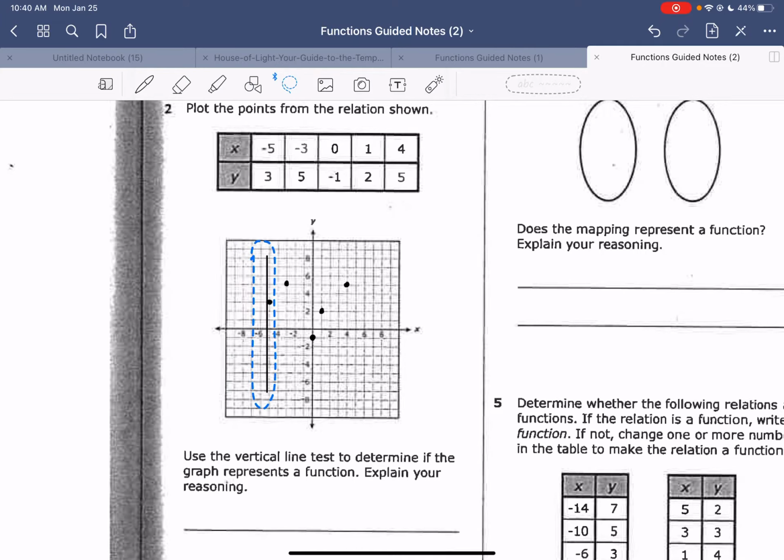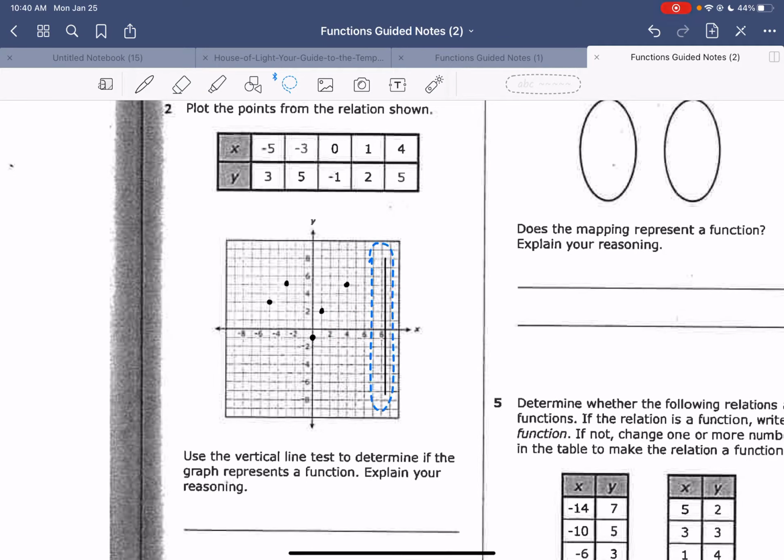So here we're good because we only have this one point that's going through. And then if we keep moving it, we just have 1 point. We have 1 point, 1 point, and 1 point.